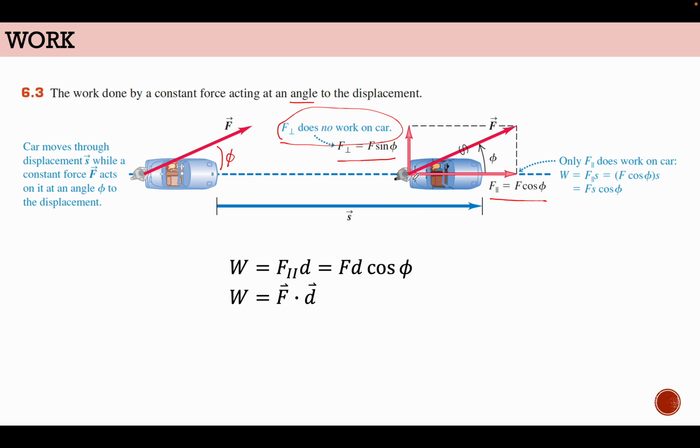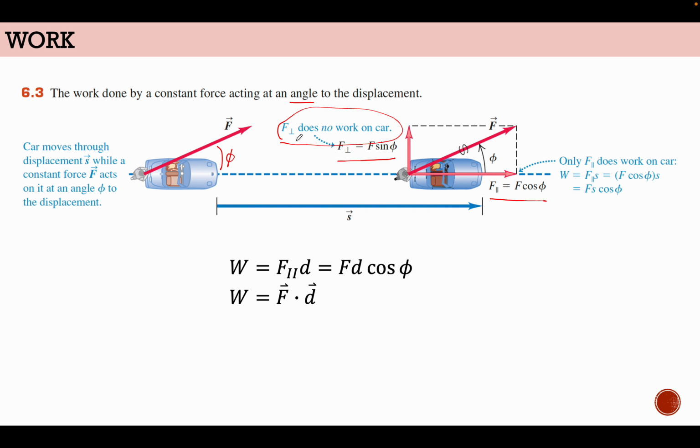If you are exerting a perpendicular force to the car, instead of pushing the car in the same direction as the displacement, the perpendicular force is like lifting the car upwards. A perpendicular force is 90 degrees with regards to our displacement.